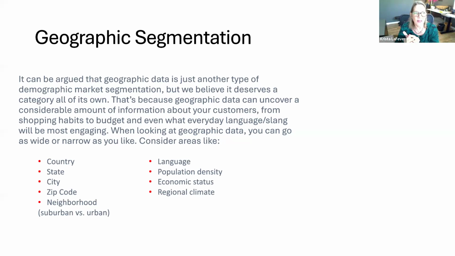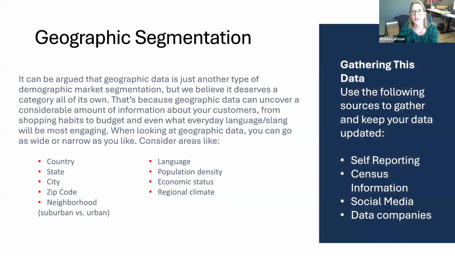It's broken down based on country, state, city, zip code, neighborhood. So an urban neighborhood is going to have different needs than a suburban or a country neighborhood. Population density, economic status, regional climate. And again, you can get it through some of the same sources.